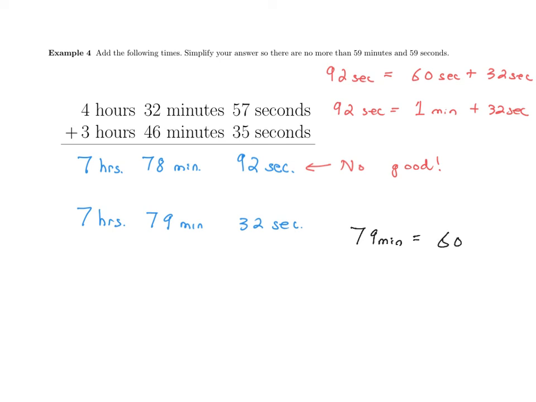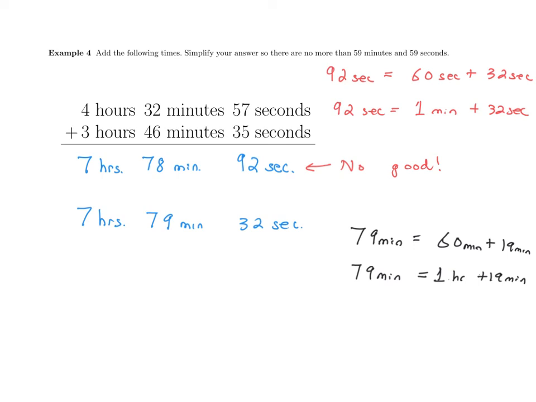Well, it's equal to 60 minutes plus 19 minutes. And 60 minutes is the same thing as 1 hour. And therefore, I can drop this down to 19, provided that I carry the hour over here to make it 8 hours instead of 7.